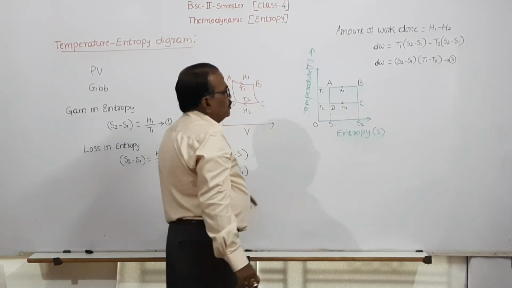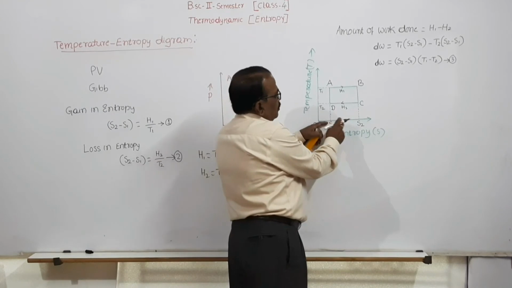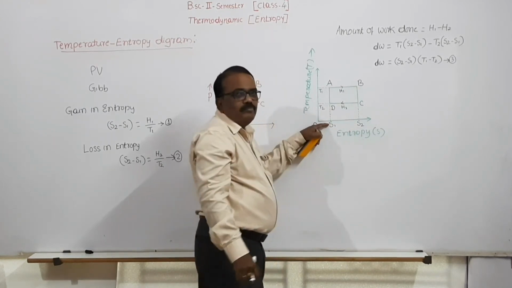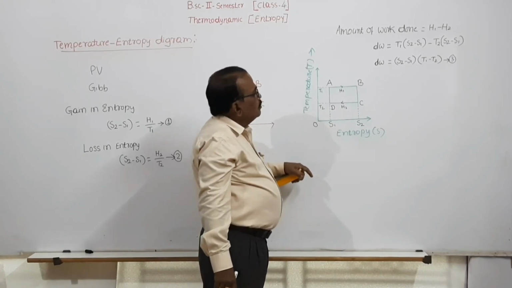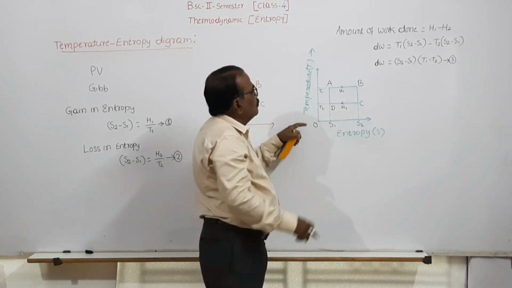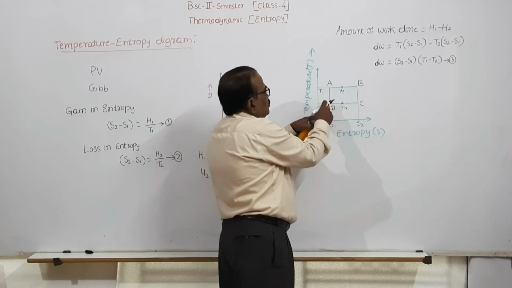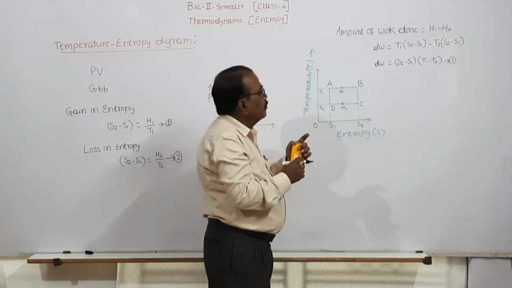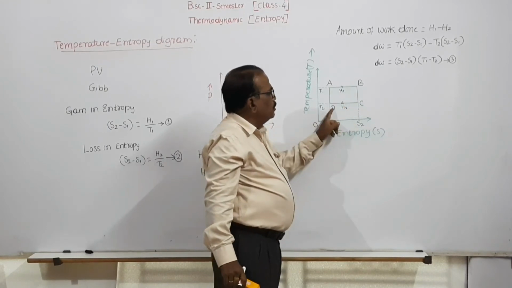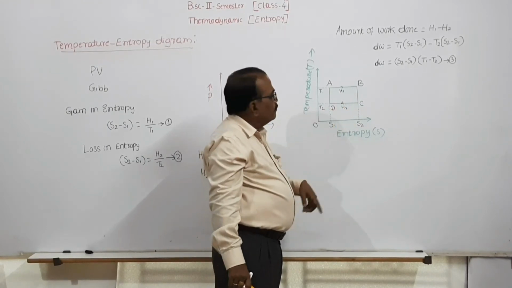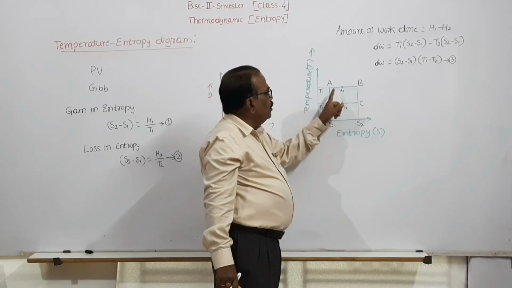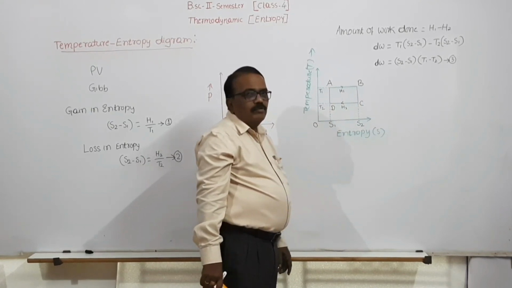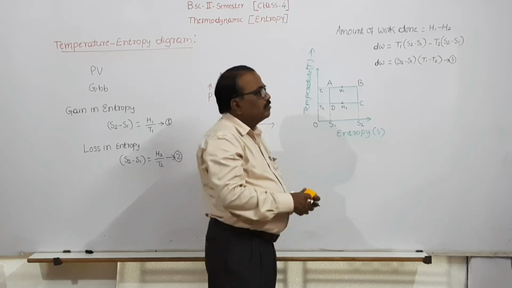What is S2 minus S1? S2 minus S1 is nothing but AB. What is T1 minus T2? T1 minus T2 is nothing but AD. ABCD is a rectangle. Then AB into AD, or AB into BC, is what? The area of the rectangle.